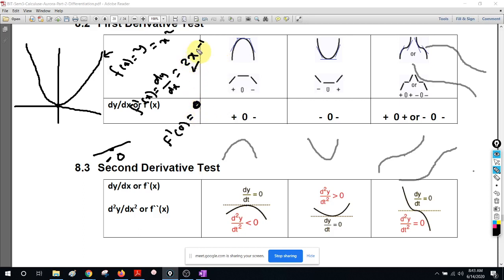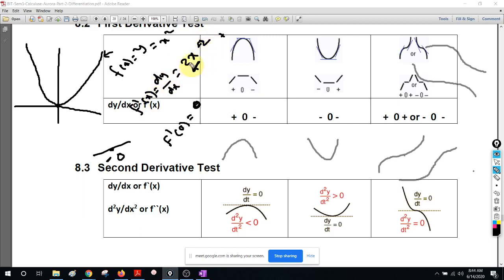Now let's take something a little bit bigger than 0, because 0 is a critical point. Let's take something like 1. 2 into 1 is 2, so that is positive.